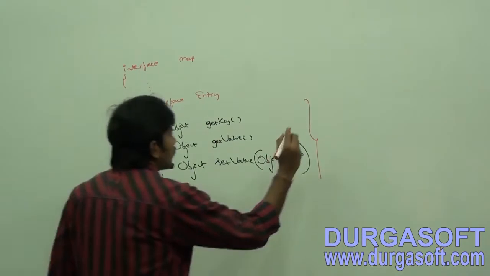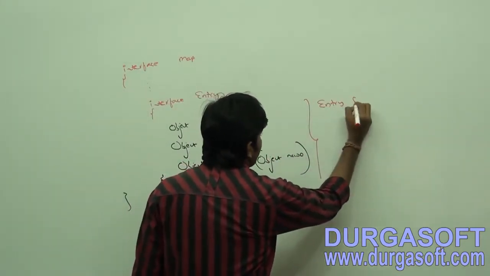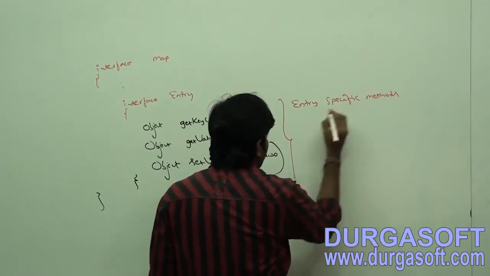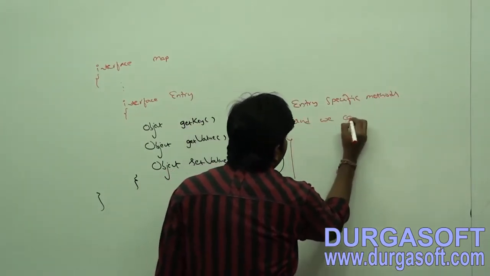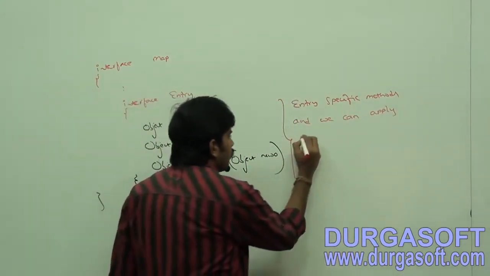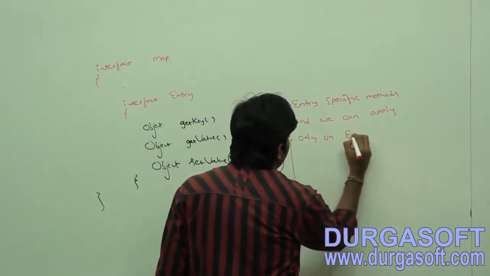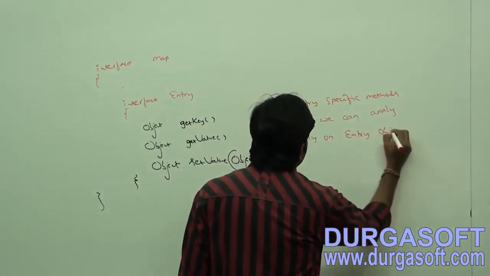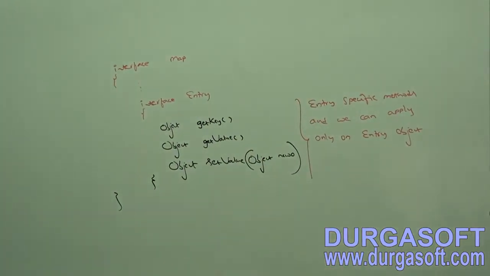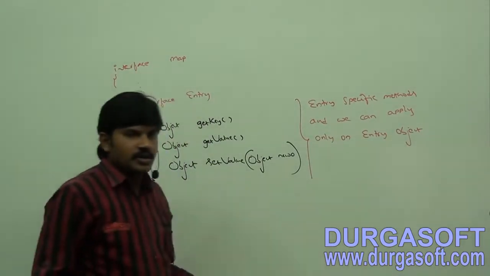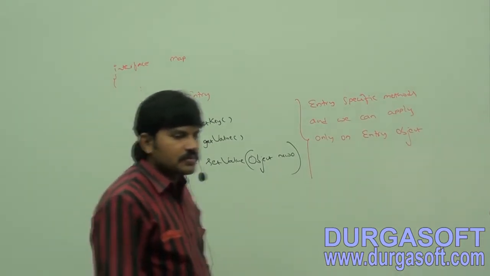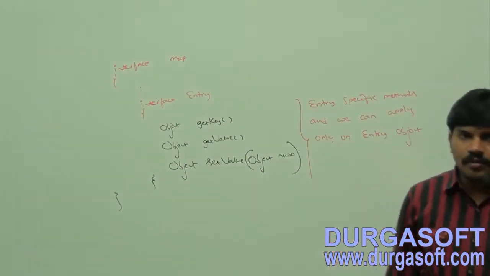These three methods are entry specific methods, and we can apply them only on the entry object.